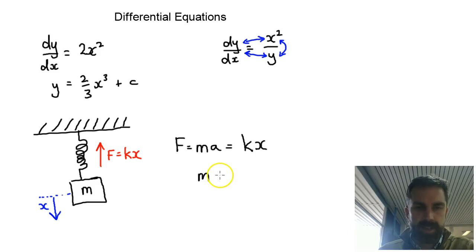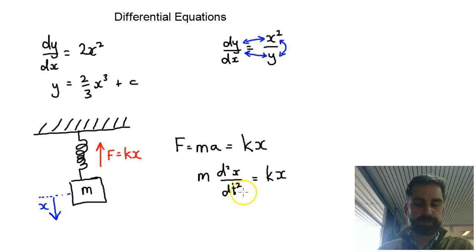So this is actually equal to mass times d squared x dt squared equals k multiplied by x. So what we've got here is the second derivative of x, and we've got x itself on this side, and these two are linked by some sort of equation.